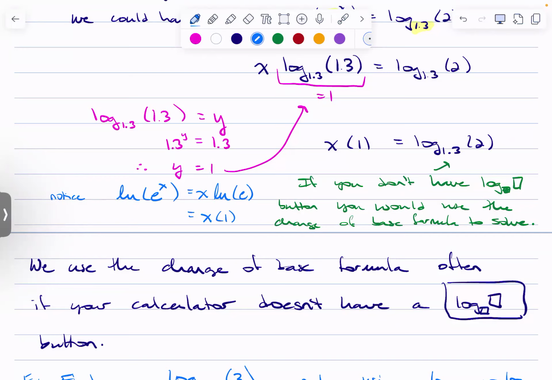So if you take the natural log of e, then you just get 1. So definitely if you have a base e, then you should be using the natural log. Otherwise, it really doesn't matter. You can go log base 10, but it'll be more steps.